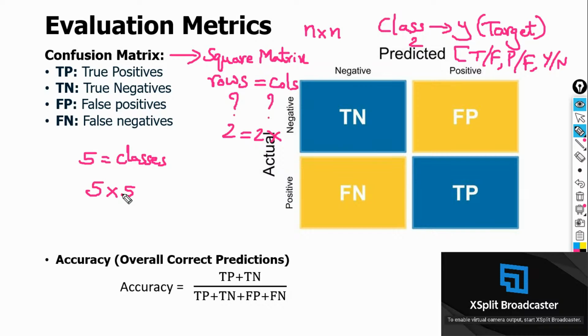If it is a two class problem, you'll get a confusion matrix with two rows and two columns. But if you have five classes under your Y column, obviously you'll get a 5 by 5 confusion matrix where you have five columns and five rows. Clear? Yes.